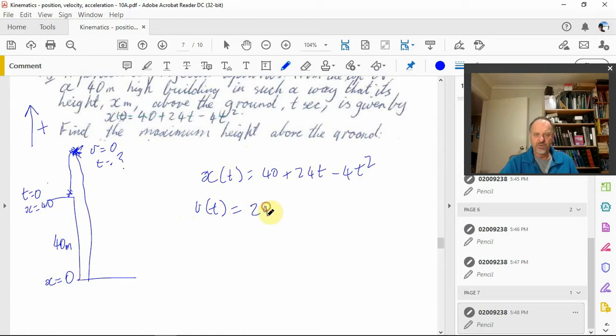So 24 minus, bring the 2 down, multiply, 8t. And we're interested when the velocity is 0. So 24 is equal to 8t. And 8 goes into 24 3 times. So the time is 3 seconds.